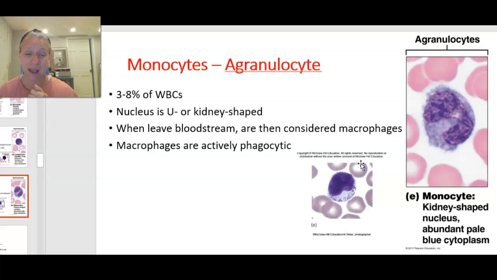These are big-time phagocytes. So they eat all sorts of stuff. They're the biggest white blood cell. These things can eat a tremendous amount of material. So neutrophils are typically the first responders that get to the area of infection first. And then macrophages come second and kind of clean house, clean up after repair has started occurring.